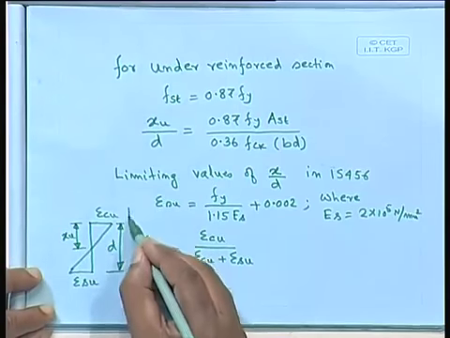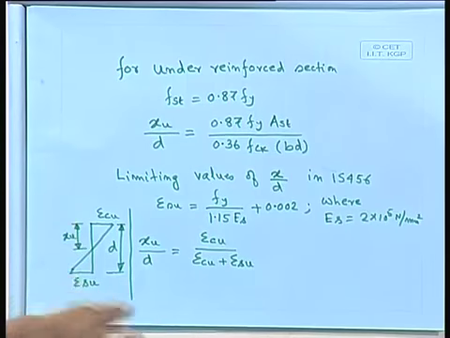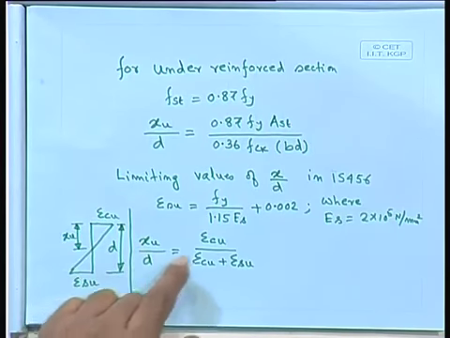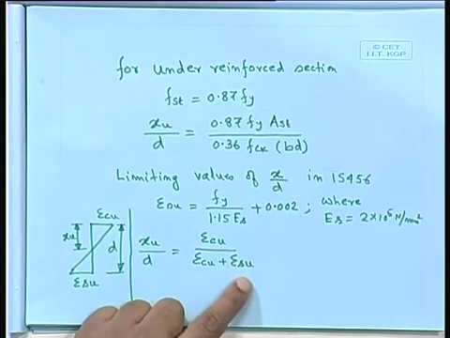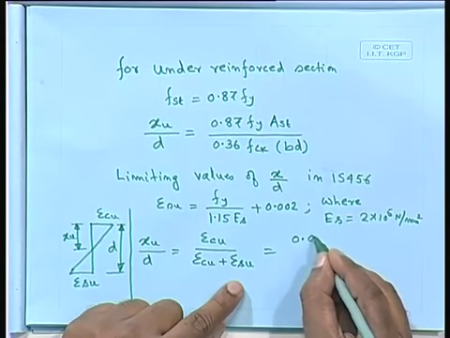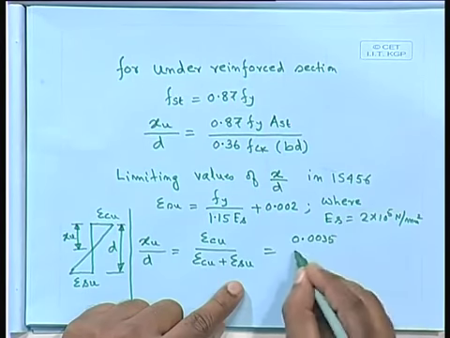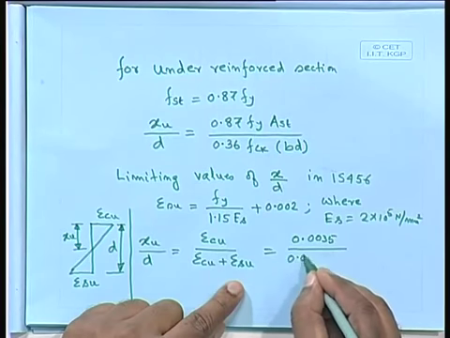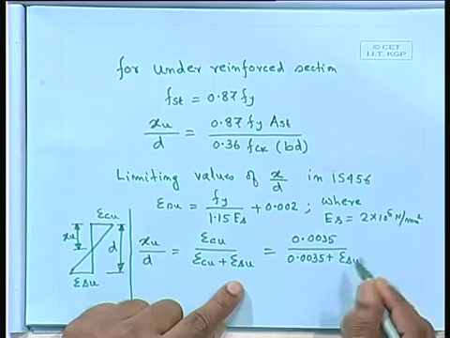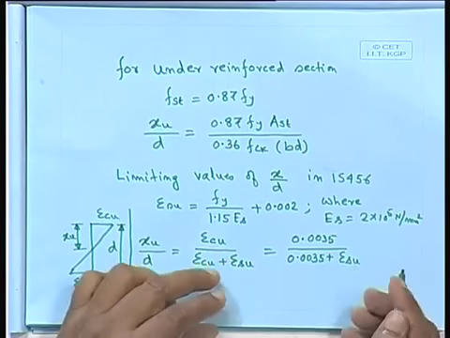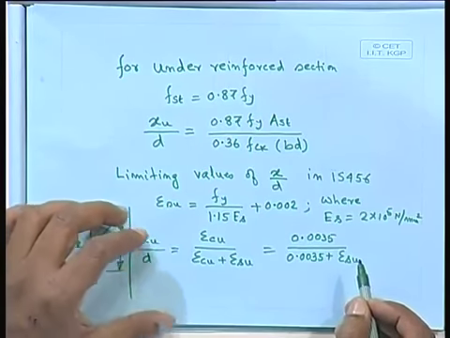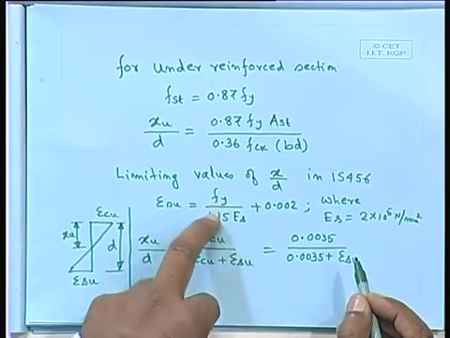So we can find out from this similar triangle principle xu by d, epsilon cu by epsilon cu plus epsilon su, epsilon cu we know, which is nothing but 0.0035 divided by 0.0035 plus epsilon su. Epsilon su is different for different grade of steel, which is given in our IS 456, we can get using this formula.